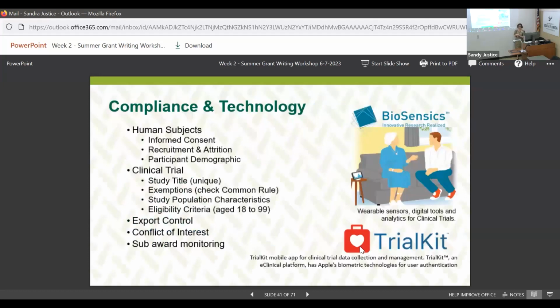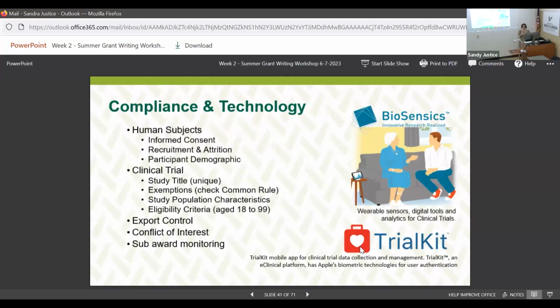Compliance and technology. Now, in an ever more technological world, we have so many tools to help us collect data and to ensure consent, to improve our ability to demonstrate compliance with the program. For example, biosensics.